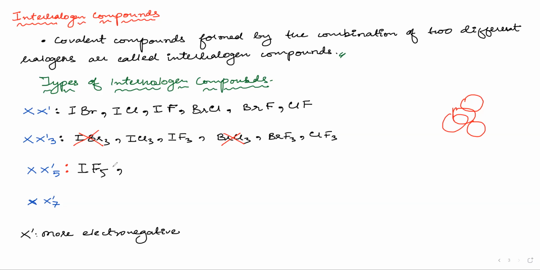So only iodine has IF5, then you have ClF5, then you will have BrF5. Now in the 7th one, there is only one molecule, that is IF7. Only IF7. So please write these things. Also, just have a pattern, and after that cross these two, IBr3 and BrCl3.